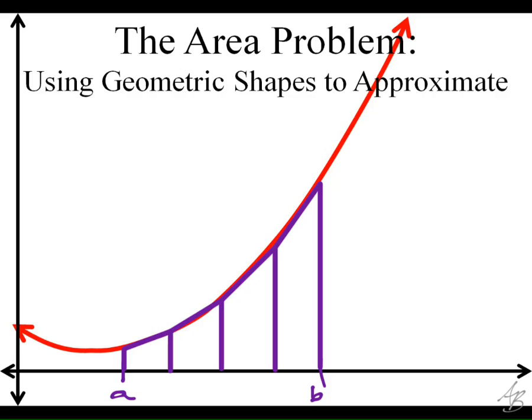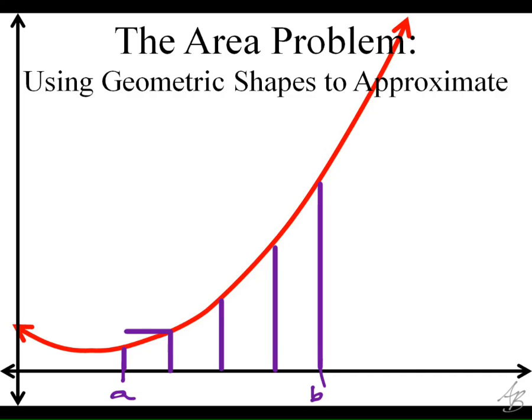And the important thing to understand, and this is what's going to allow us to go from approximating using these shapes to finding the exact value, is that the more and more rectangles we add, what's going to happen? The closer to the actual answer we're going to get. And what we need to understand, too, is that it doesn't matter which one we use, and this is going to be really important.